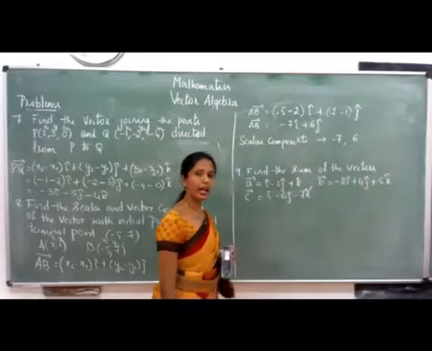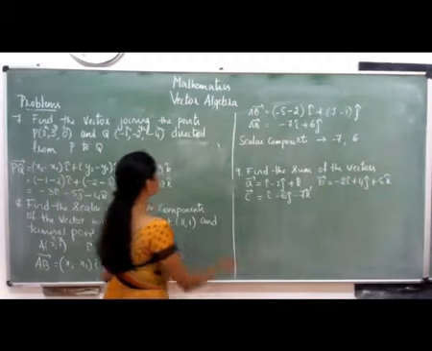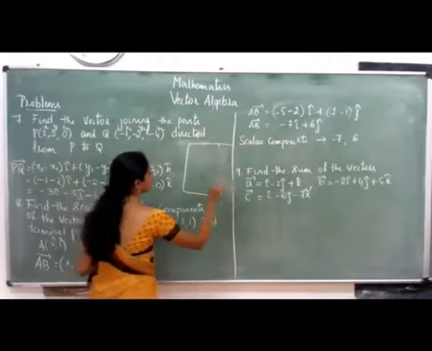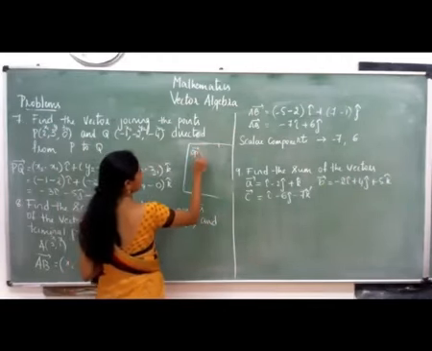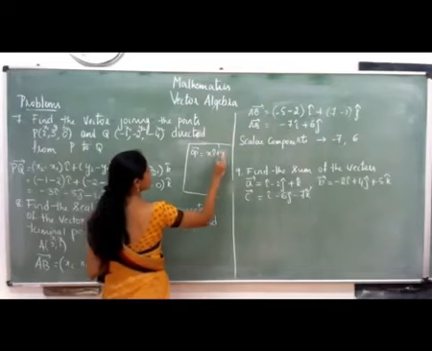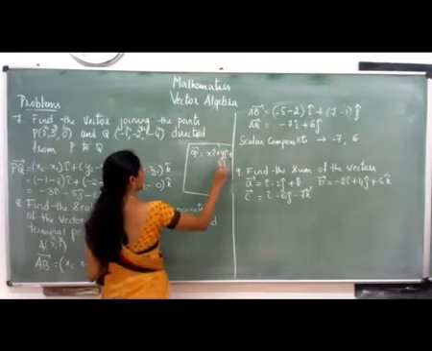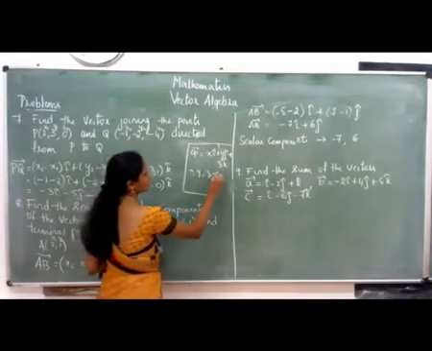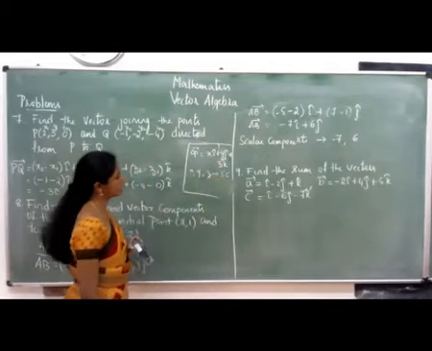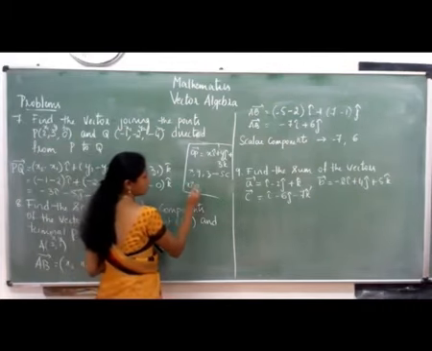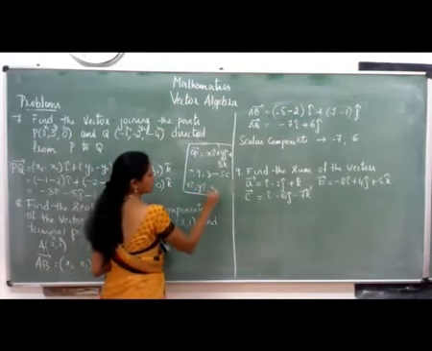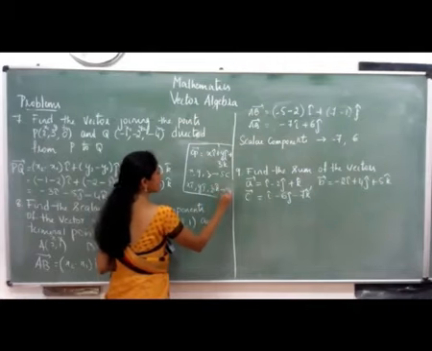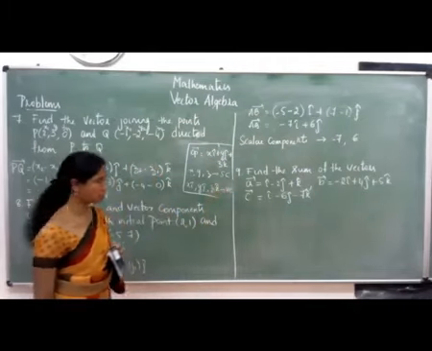If you remember, when we had a vector xi cap plus yj cap plus zk cap, I told you x, y, z are called scalar components and xi cap, yj cap and zk cap are called vector components.